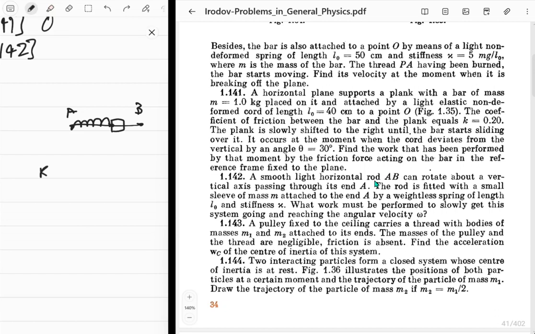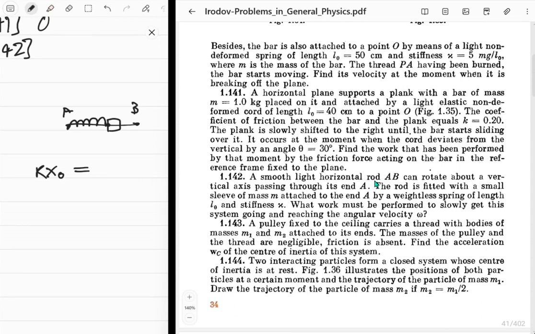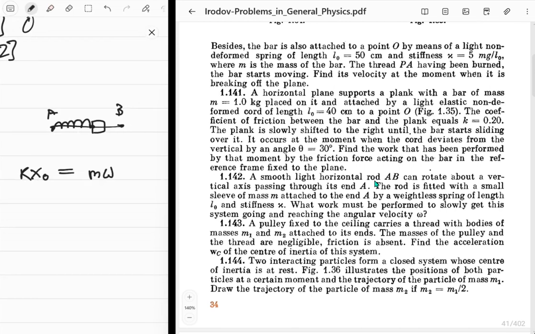That just means k x naught, where k is the stiffness constant, is equal to m omega naught squared r. Initially the length was L naught, so r is L naught plus x naught.